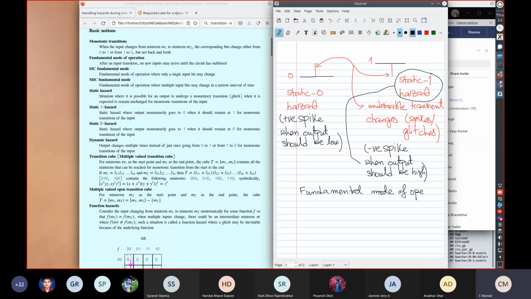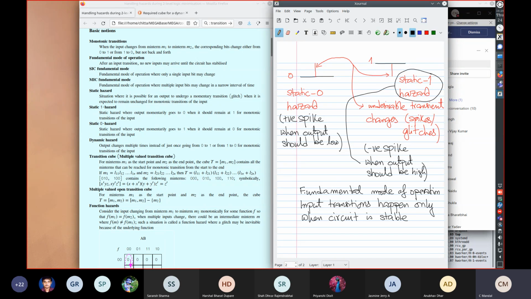This you have already studied, but just to repeat: input transitions happen only when the circuit is stable.